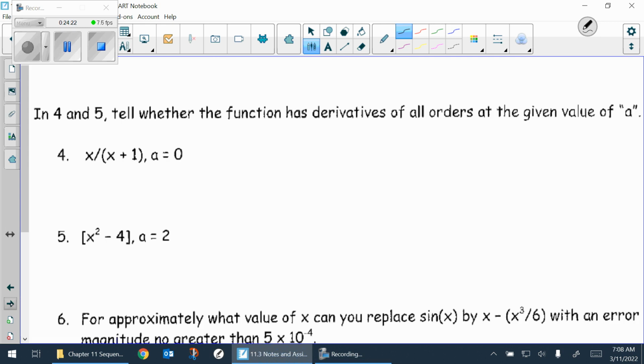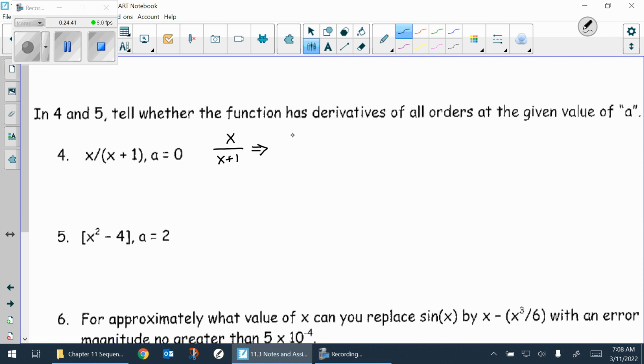Tell whether the function has derivatives of all orders. x over x plus 1. Well, let's see. Let's find the derivative.